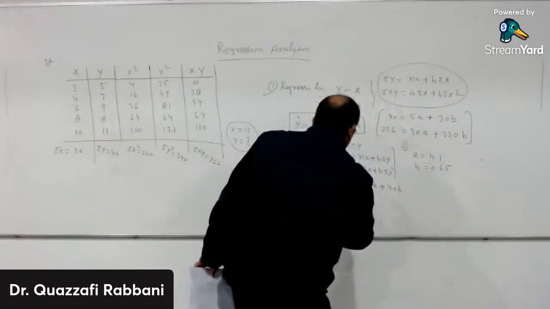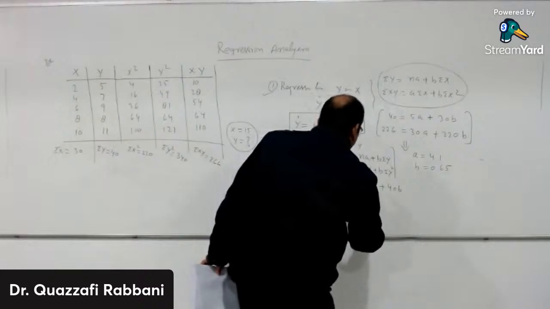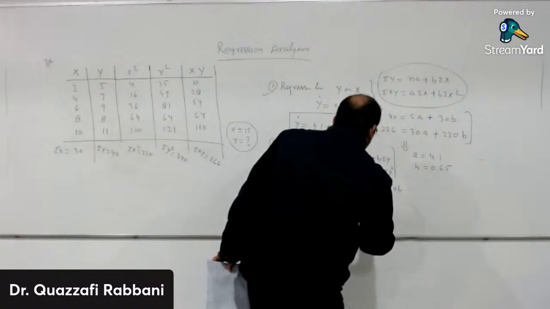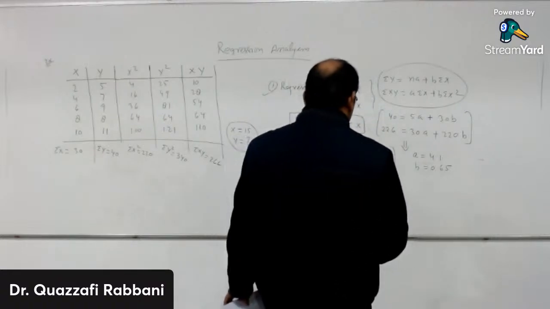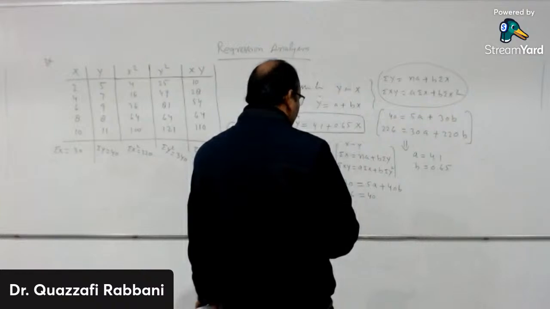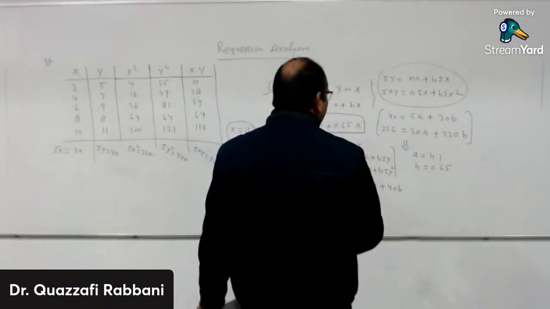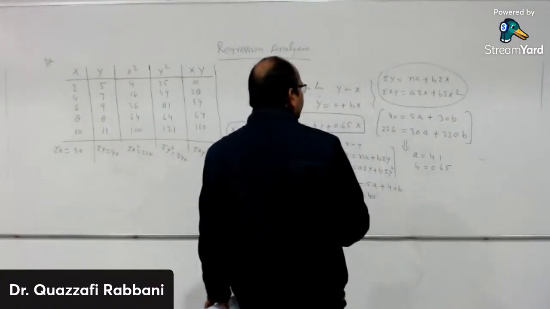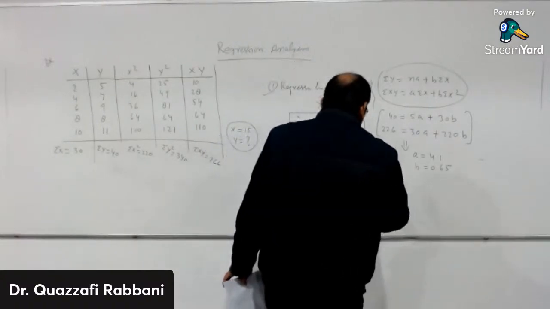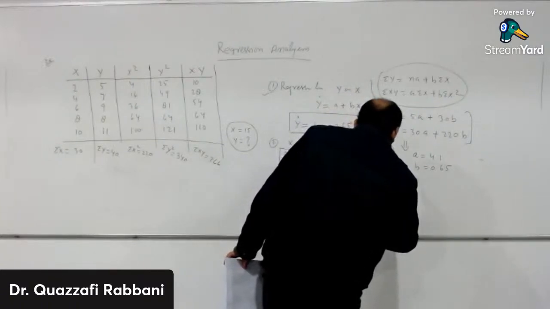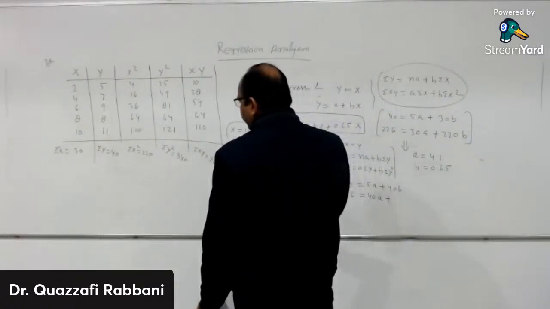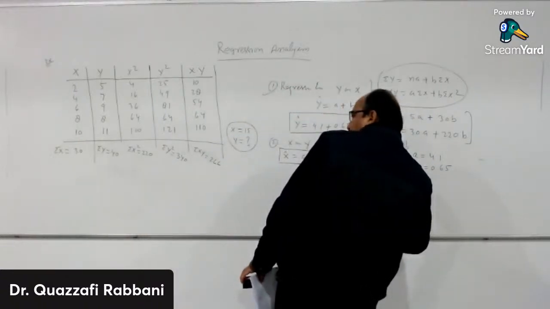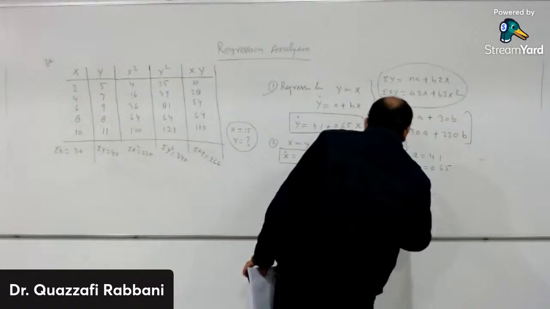And summation xy, that is 226, is equal to a summation x. Oh sorry, here it is summation y. So 40a plus b summation y square, and b summation y square is 340b.